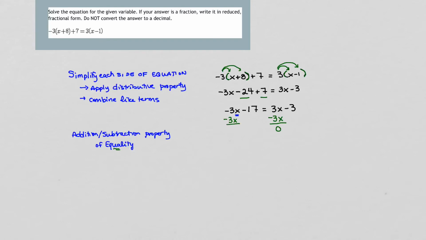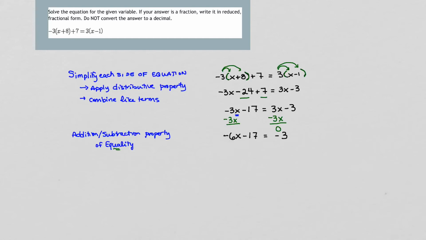Doing so is going to give me negative 6x. Negative 3x minus 3x is negative 6x. I will carry down the minus 17 or negative 17. Then I have 0 minus 3. So my equation becomes negative 6x minus 17 equals negative 3.